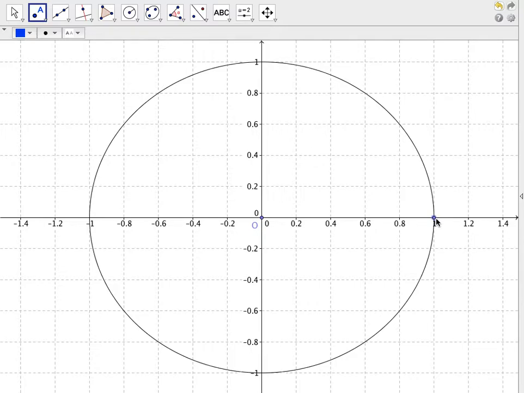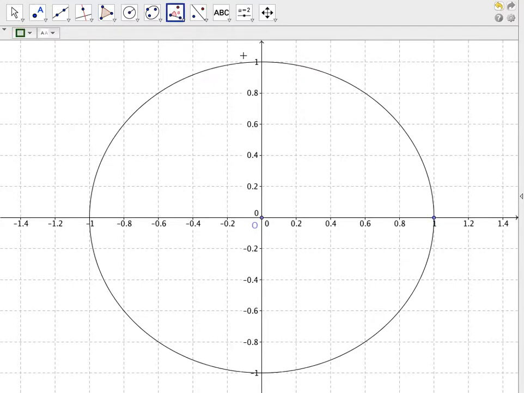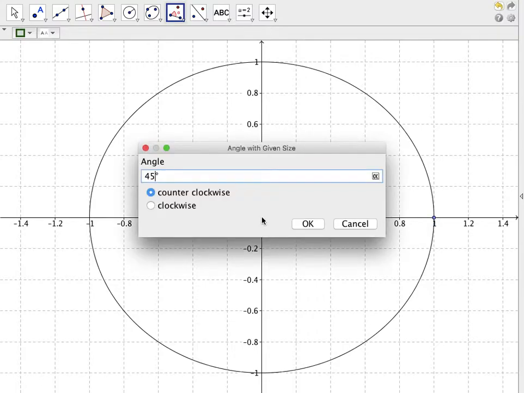Now what I'm going to do next is create an angle that is 30 degrees compared to our x-axis. One side of the angle is going to be this x-axis, and I'm going to have it be 30 degrees.